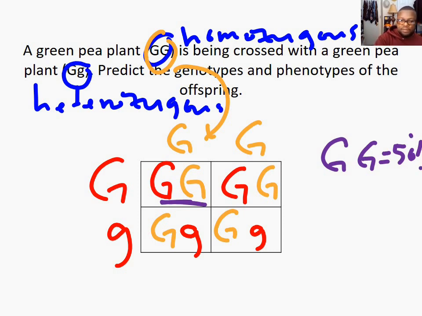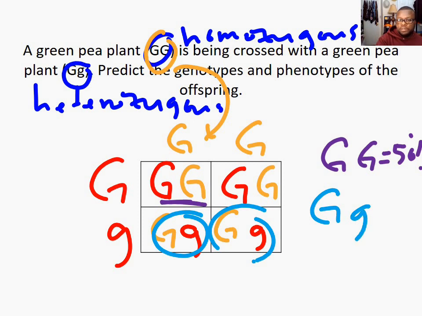We also have big G, little g right here. We have 2 of those as well, and so that's also 50 percent. So the outcome of this couple making a homozygous dominant offspring is 50 percent, and a heterozygous dominant for green is also 50 percent.